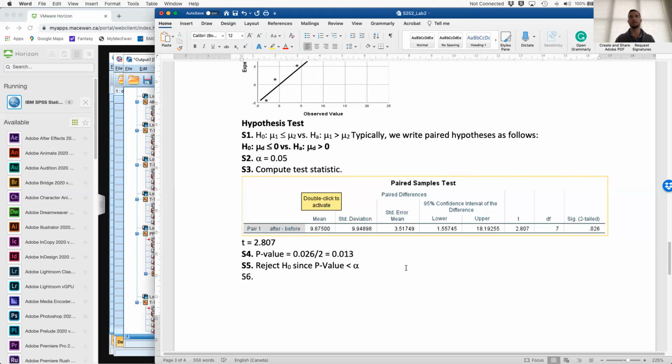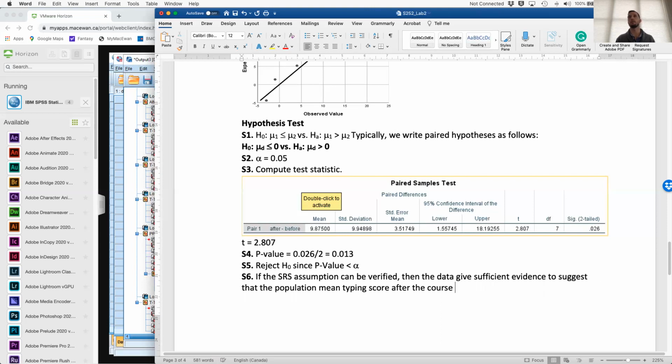And then on step 6, we can say if the SRS assumption can be verified, then the data give sufficient evidence to suggest that the population mean typing score after the course exceeds the population mean typing score before the course at the 5% significance level.